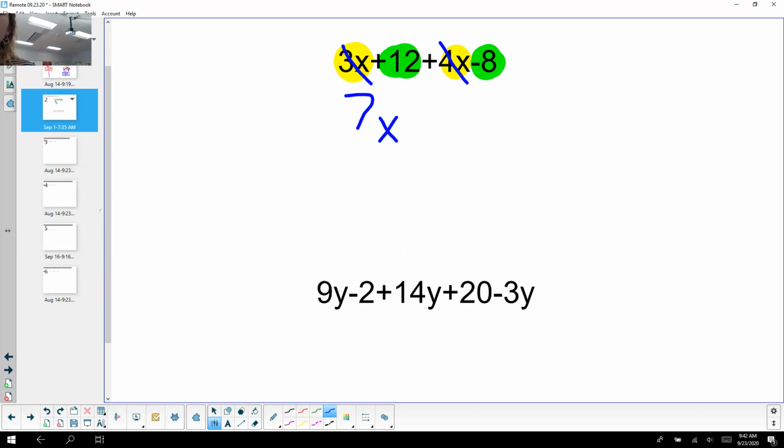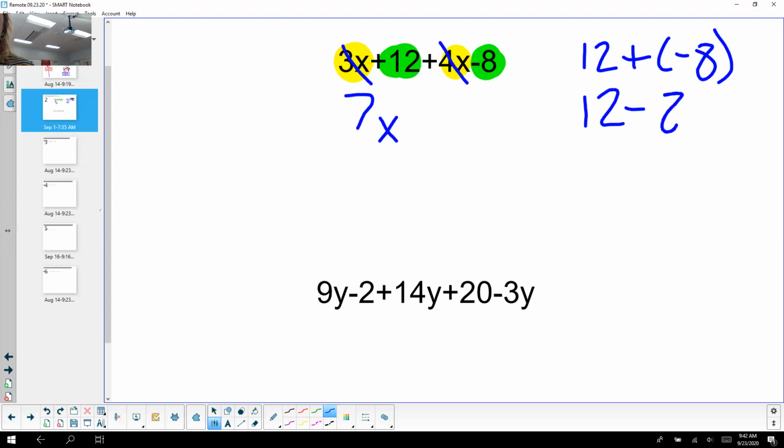Now I want to explain this really fast. When we think of combining, we're typically adding. So what you would do is you would do 12 plus -8. So that's technically what we're doing. However, if you enter 12 plus -8 in your calculator, you get +4. This is the same thing as doing 12 minus 8.